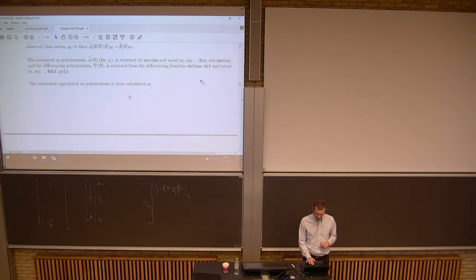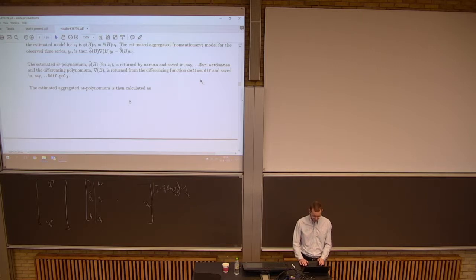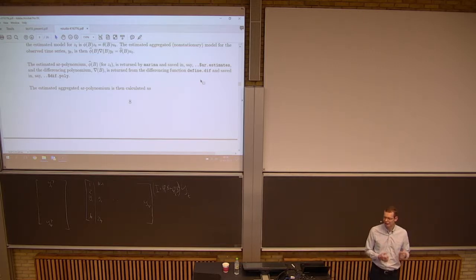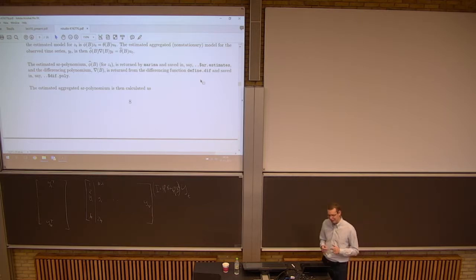In Marima, that's one place that is different from the ARIMA function. In ARIMA, you specify the differencing inside your model, and it takes care of everything. In Marima, it asks you to handle the differencing.